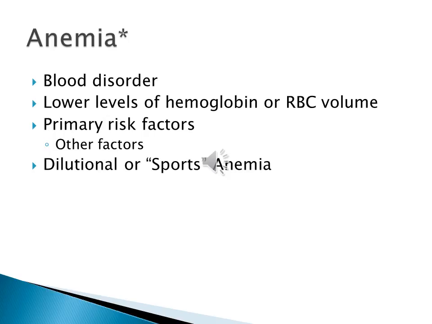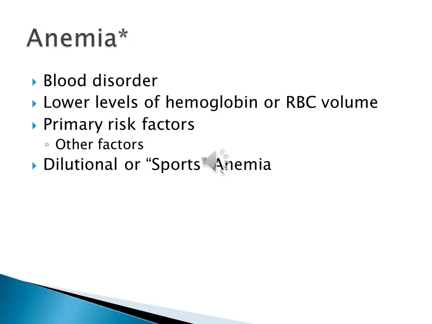Some other things that impact anemia are prolonged use of analgesics, particularly non-steroidal anti-inflammatory medications, which can impair red blood cell formation, increased physical training, which can damage red blood cells, family history of anemia, and heavy menstruation in females. These are all different things that can factor into the development of anemia.